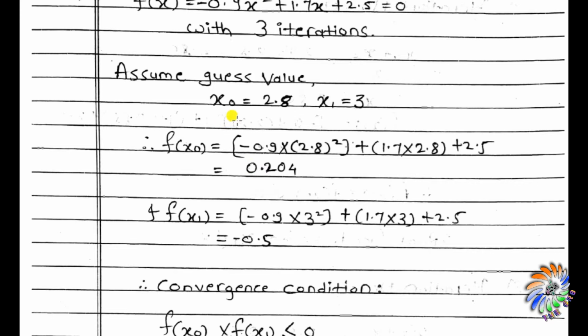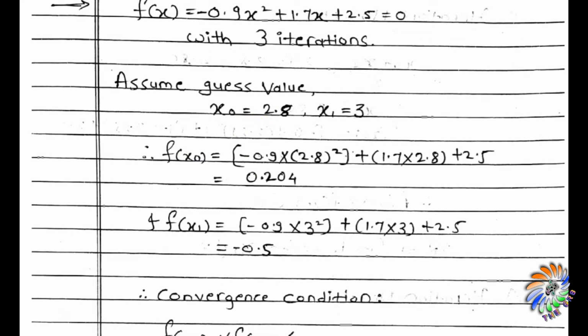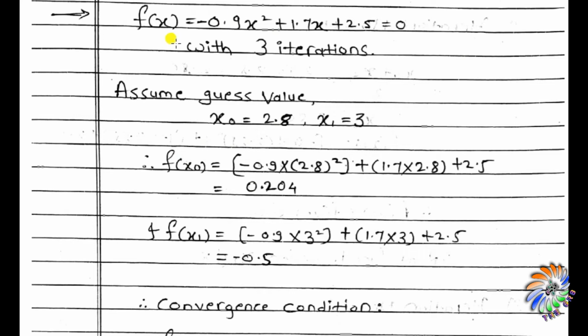First of all, you have to find the function of x for the values we have assumed. f of x is given here. Now we have to just put these two values, 2.8 and 3, in the given function. Therefore f of x0 means at the value of x we have to put 2.8 and 3.